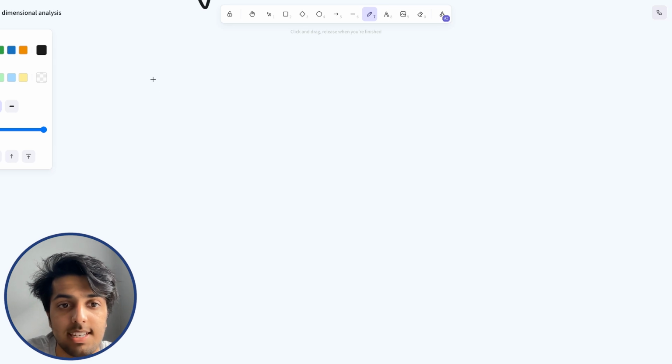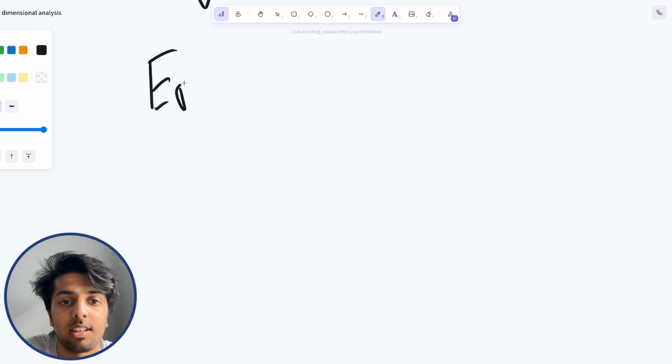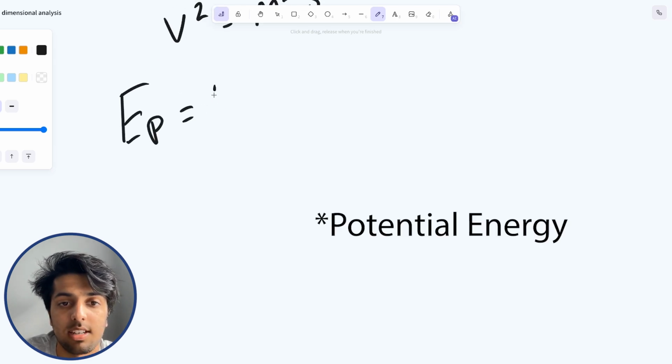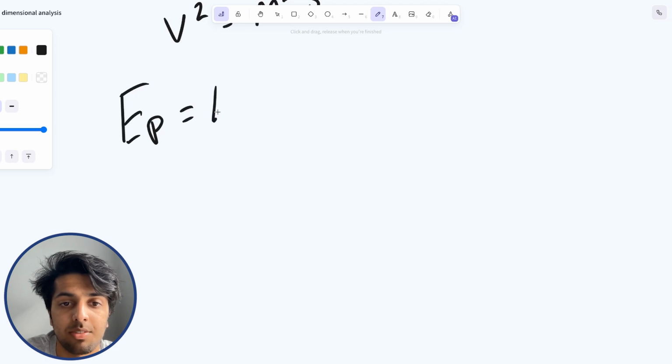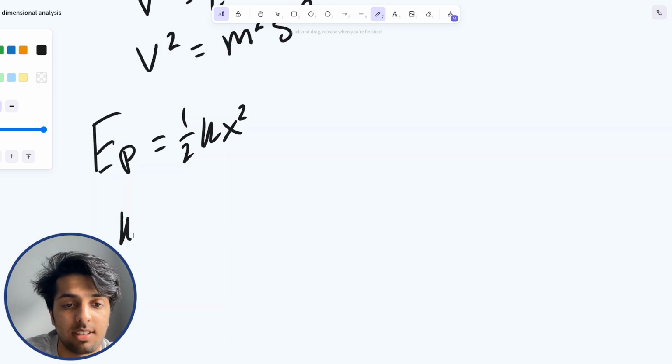Moving on to a slightly harder one now, we can get the kinetic energy in a spring, which is half kx squared. We know that k is equal to force applied over a distance, so F over x.